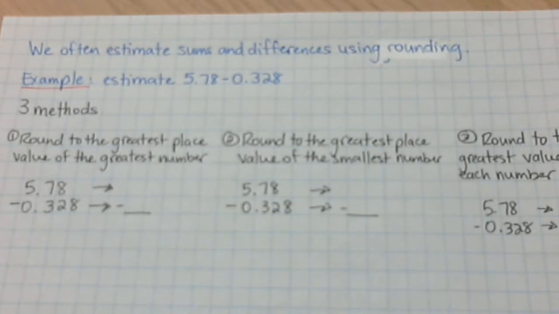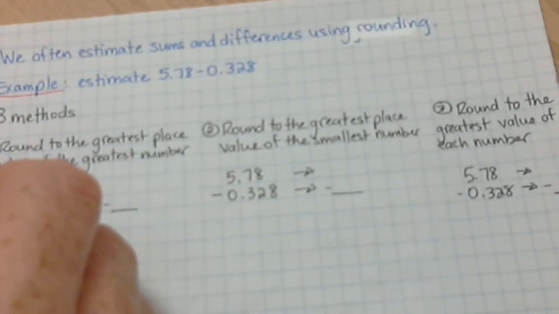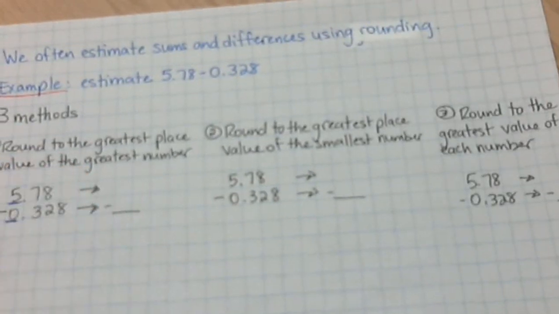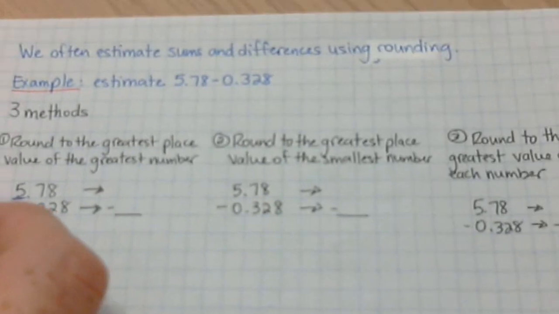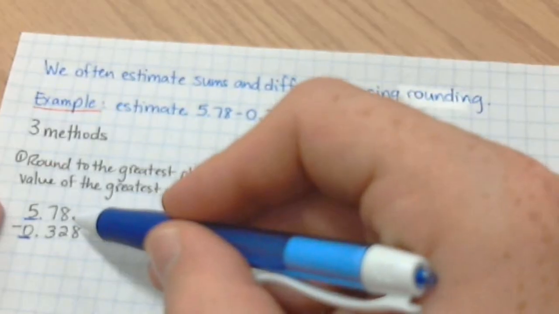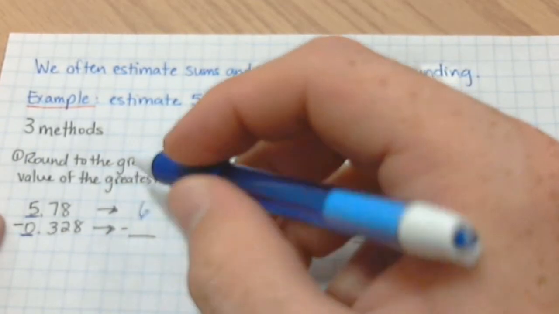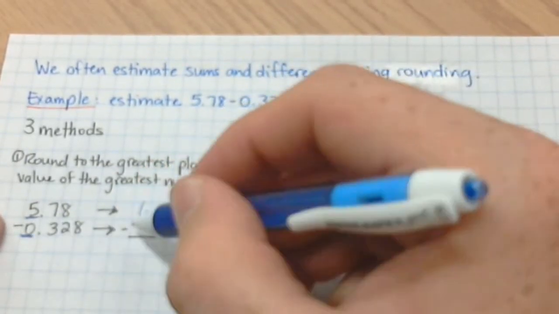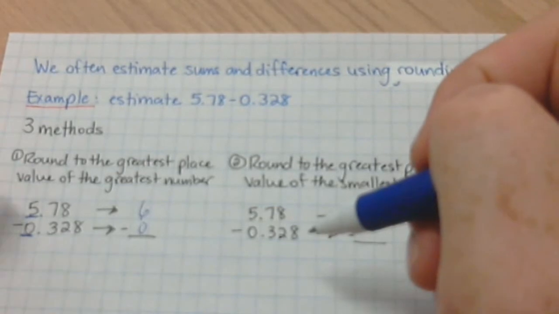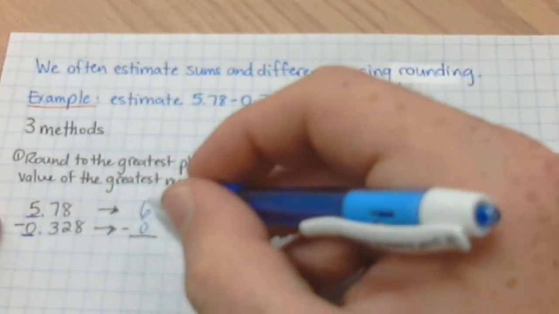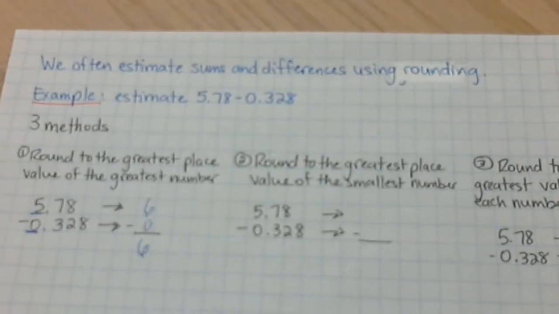The first method is to round to the greatest place value of the greatest number, which means we're going to round to the nearest 1, because that's the biggest place value of each of these numbers. Rounding to the nearest 1, 5.78 gets rounded to 6. It also means that 0.328 gets rounded to 0 using our rules for rounding, which means that 6 minus 0 is 6.